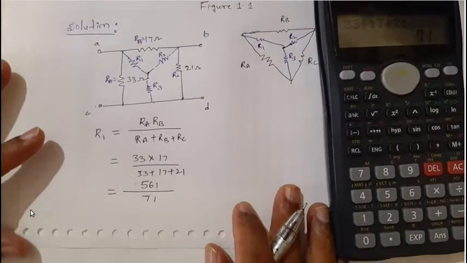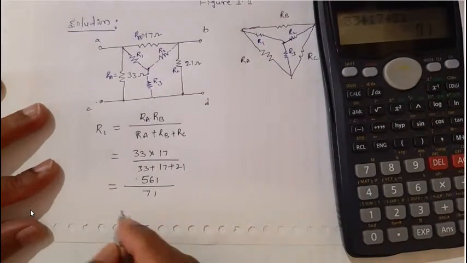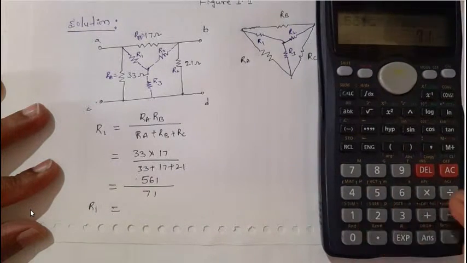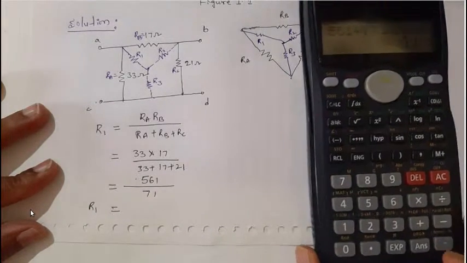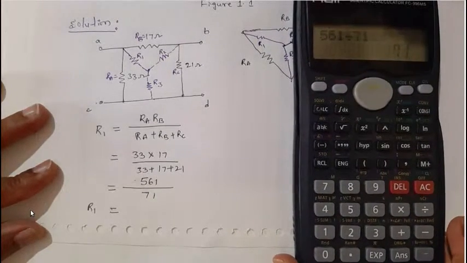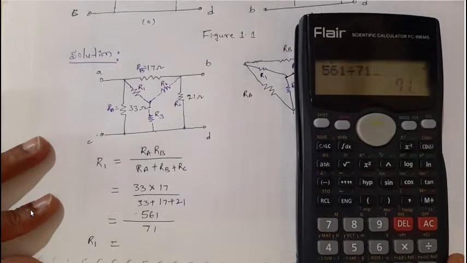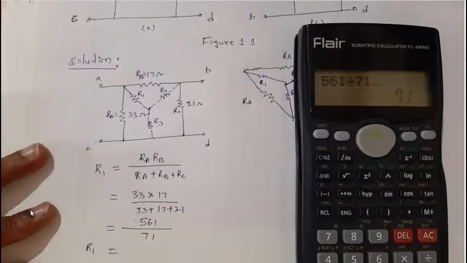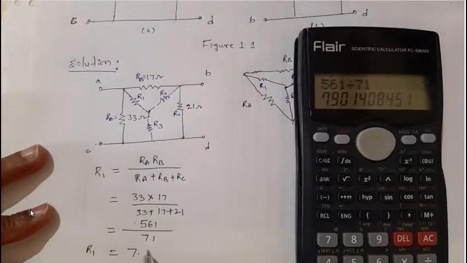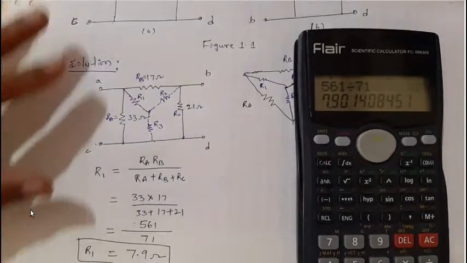So R1 is finally equal to 561 divided by 71, which is 7.9 ohm. 7.9 ohm is the value of R1.